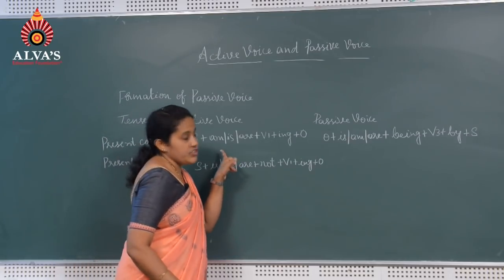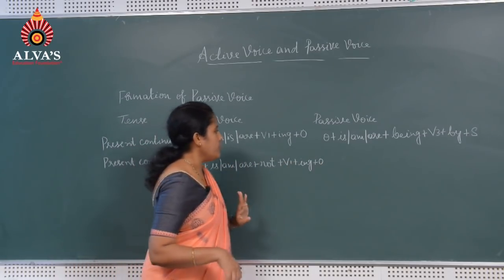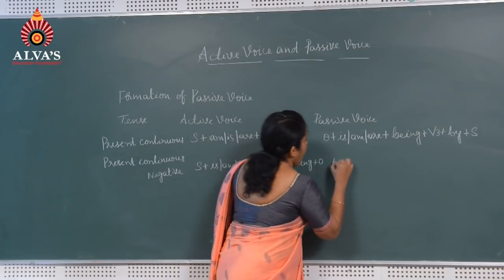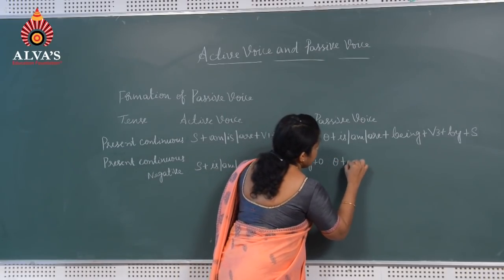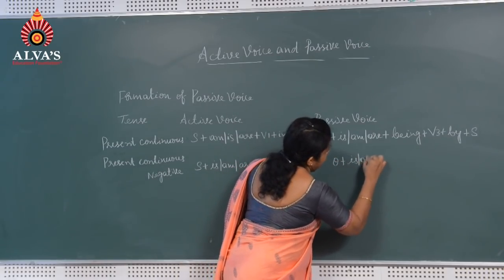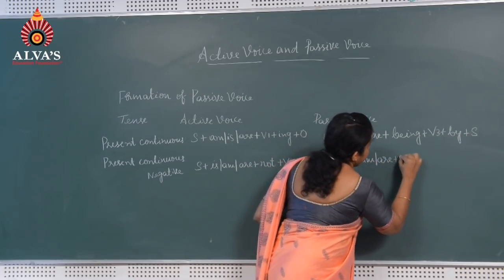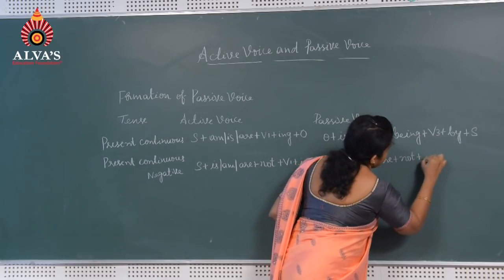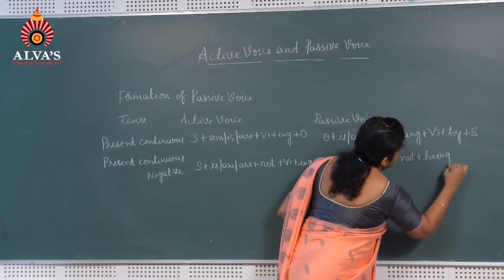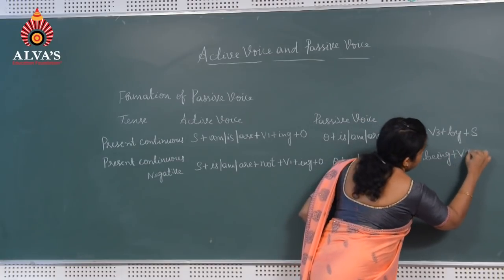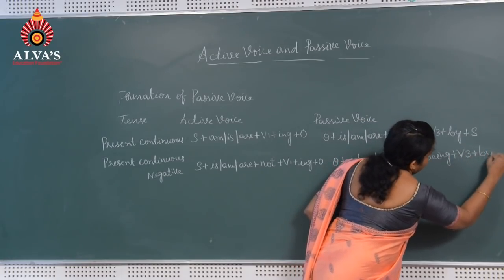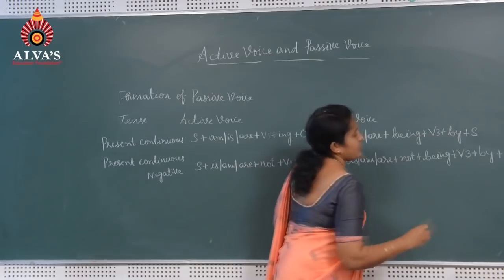Now, when we change from active to passive, the formula is object plus is, am, are plus not plus being plus V3 form plus by plus subject.